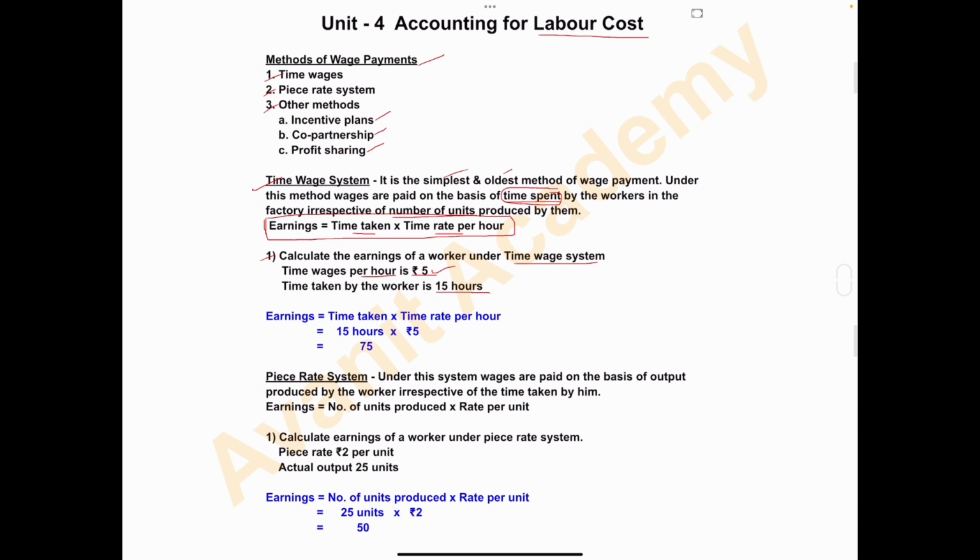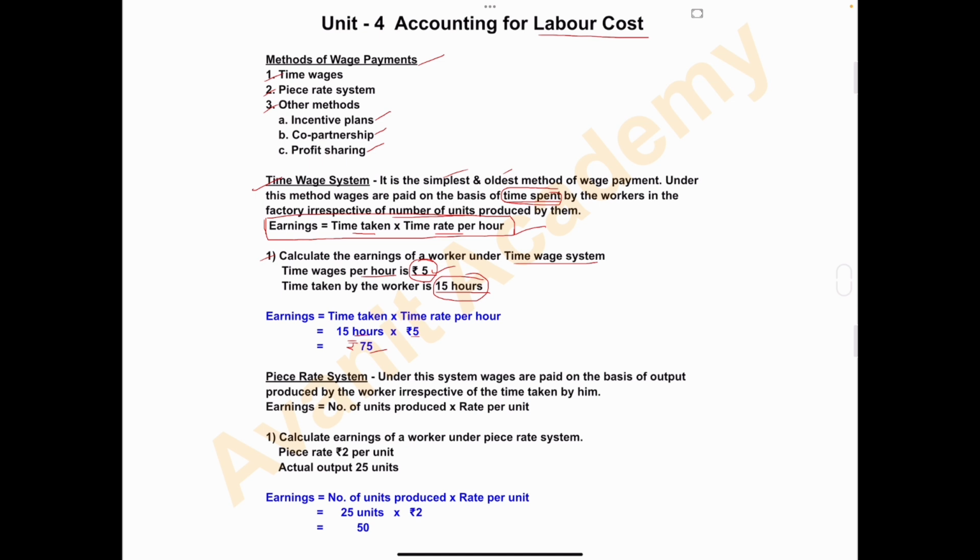Solution: earnings is equal to time taken into time rate per hour. Time taken, how much time he has taken? 15 hours. So write here 15 hours into time rate per hour. Time rate per hour is rupees 5. 15 into 5, answer is 75. So total earnings of a worker under this method is rupees 75. So this is a small example on time wage system.